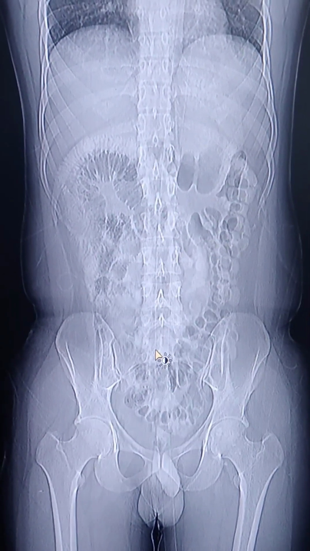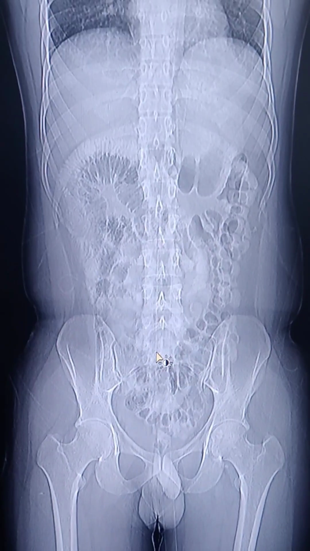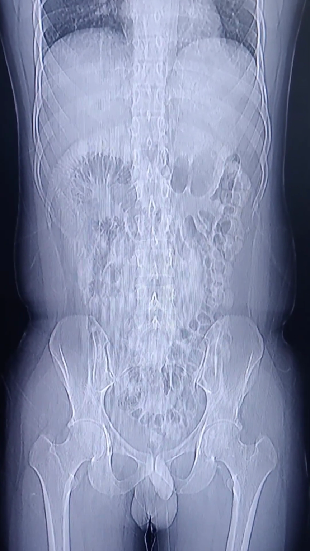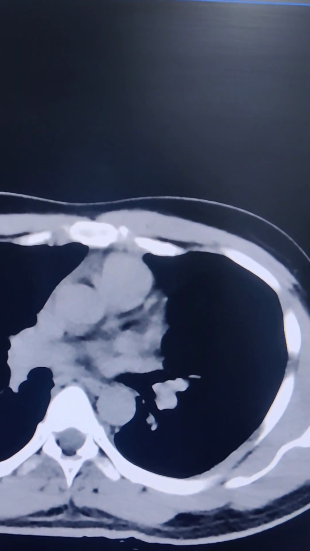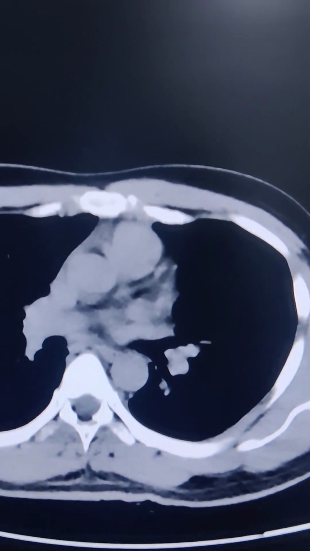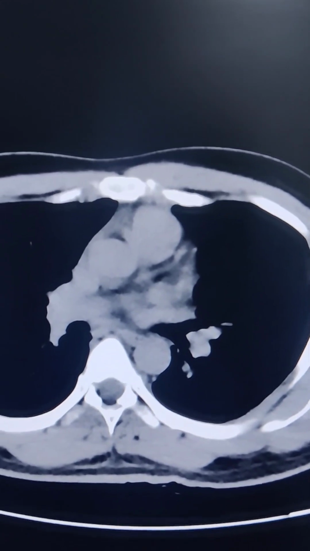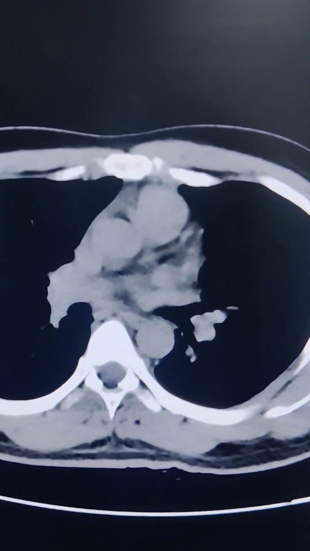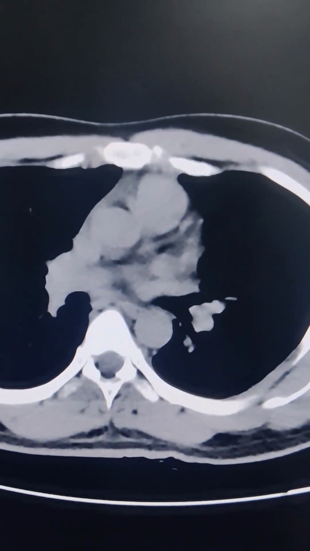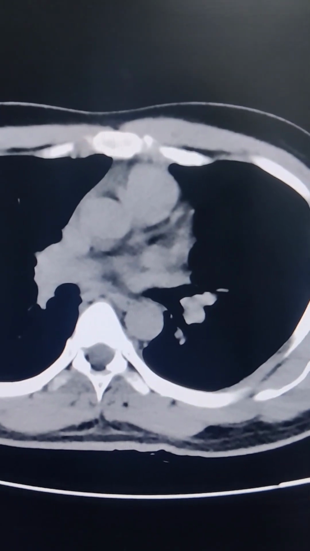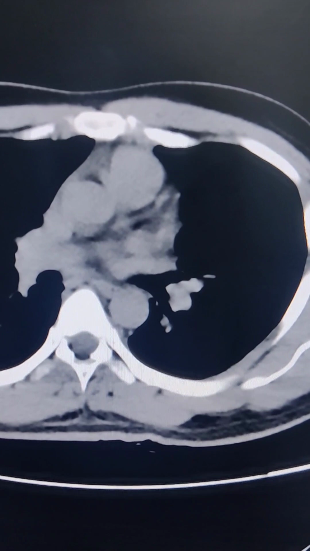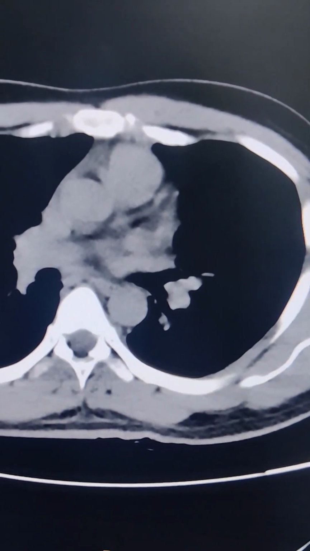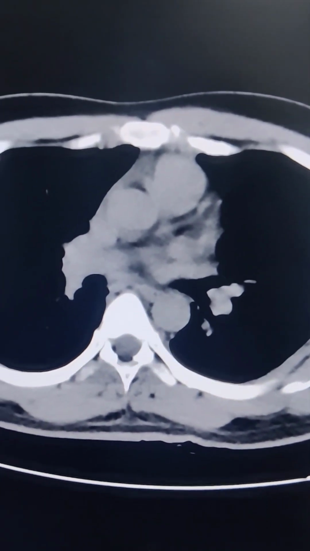It is neither specific nor sensitive. Another study we can do is the upper GI barium study, which is also quite specific. There is no crossover of the duodenojejunal junction over the midline; the duodenojejunal junction is lying on the right side.